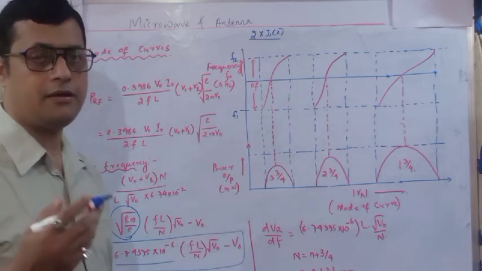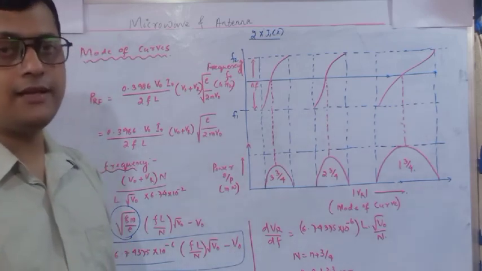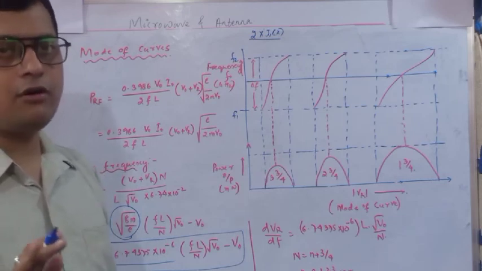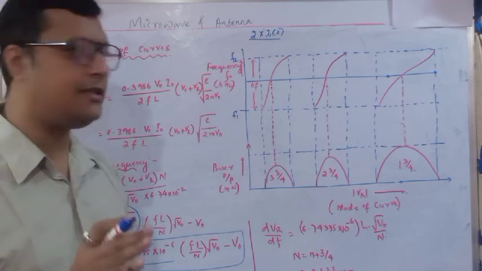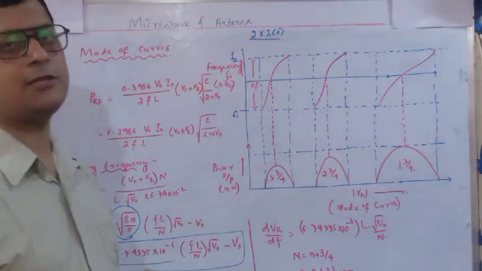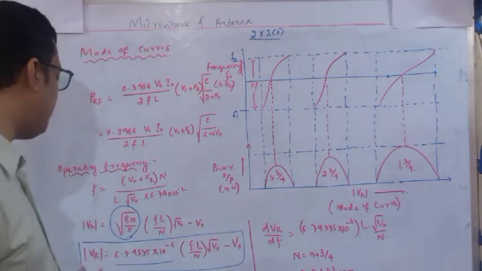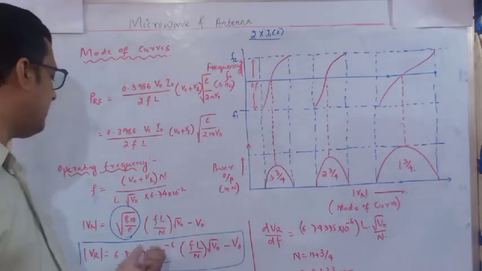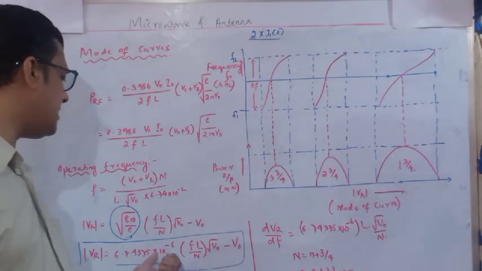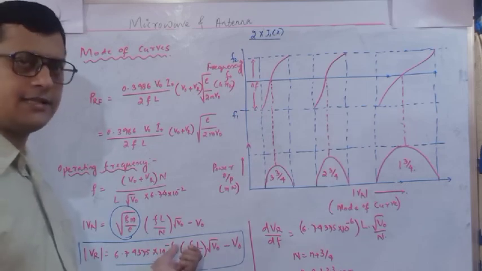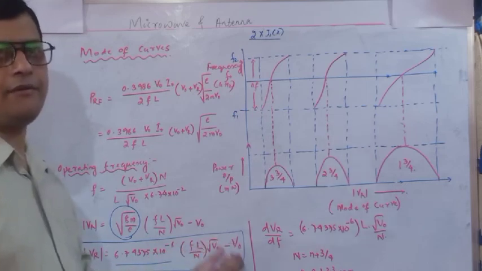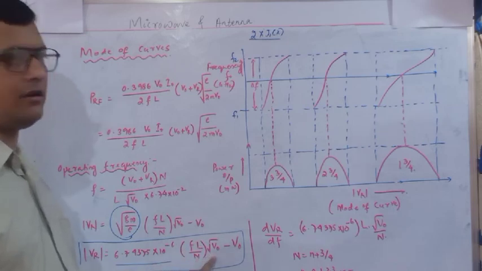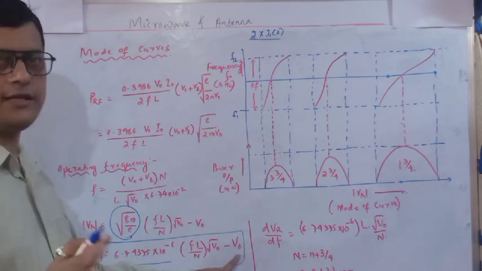Now at what is the maximum frequency, we can determine the repeller potential. Only the thing what we have to do, we have to differentiate the repeller equation with respect to frequency. So if you differentiate this equation with respect to maximum frequency, you will get 6.7437 into 10 to the power minus 6. Differentiation with respect to F is 1. Here you will get L by N root over of V naught, and this is a constant value, so that is eliminated.